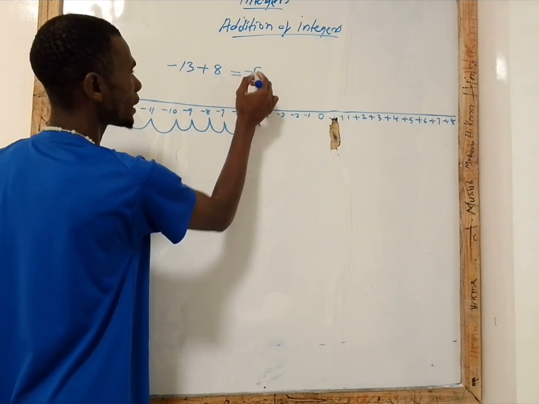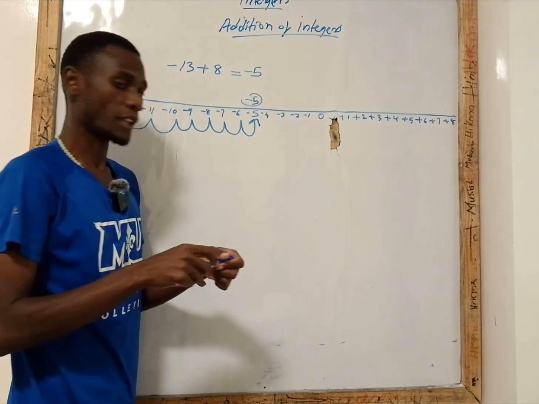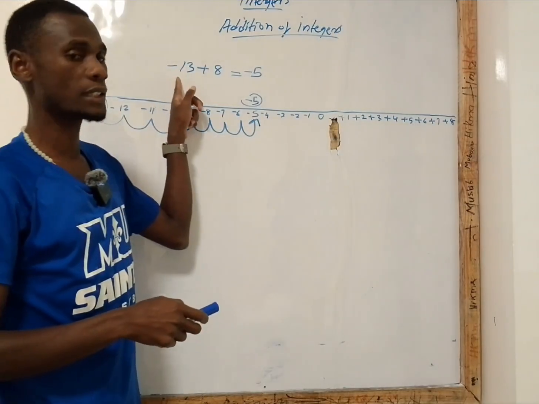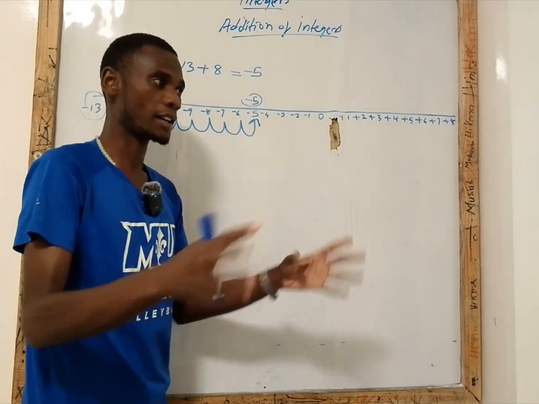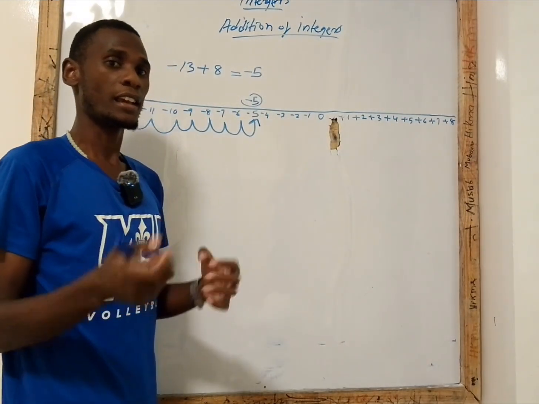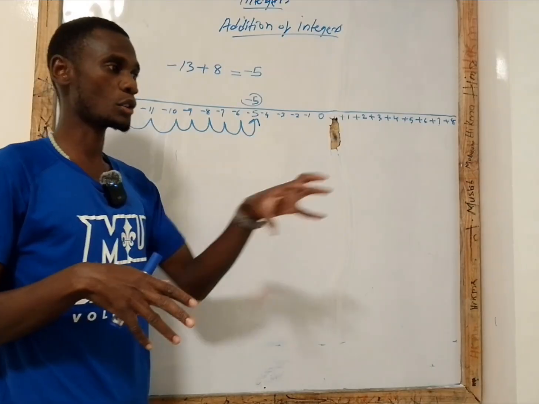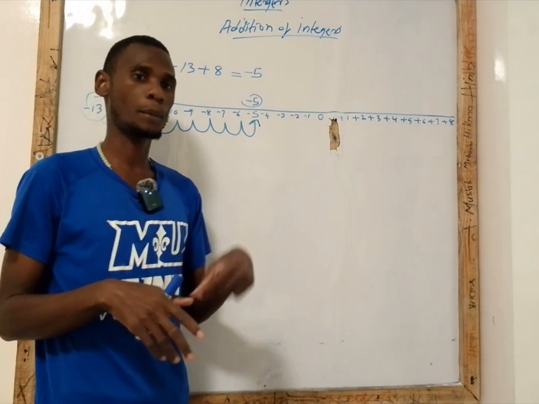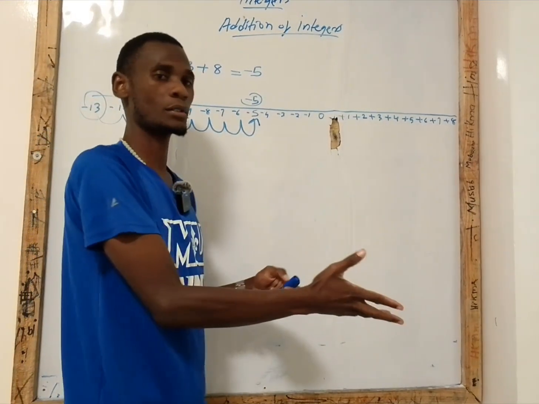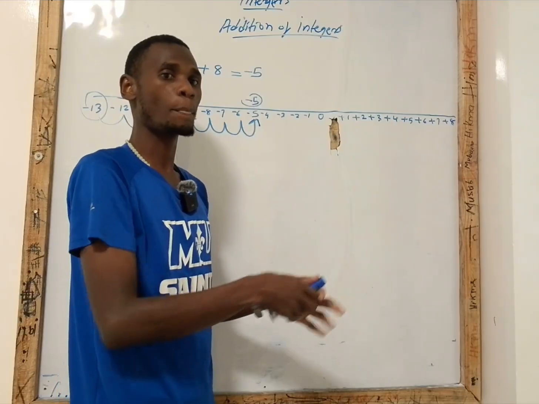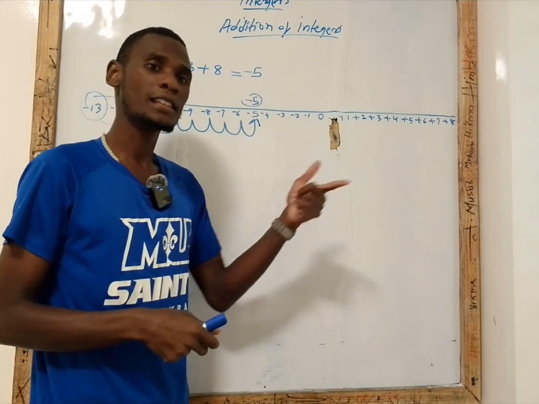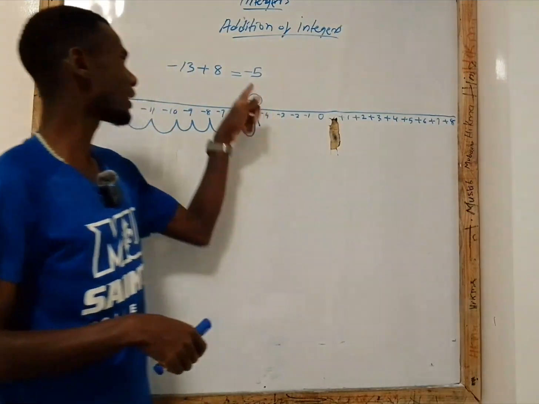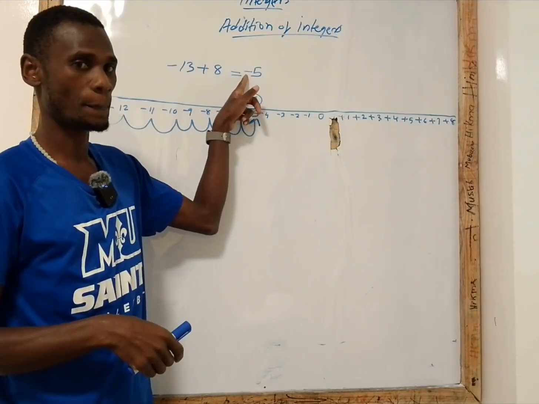So that will be the answer. And that is what I told you before, that if you owe somebody 13 shillings, then you work and you are paid 8 shillings, this 8 shillings is not yours because what you owe is more than what you have been paid. So you will pay back all 8 shillings, but you will still remain with a debt of 5 shillings. That is why this negative still comes.